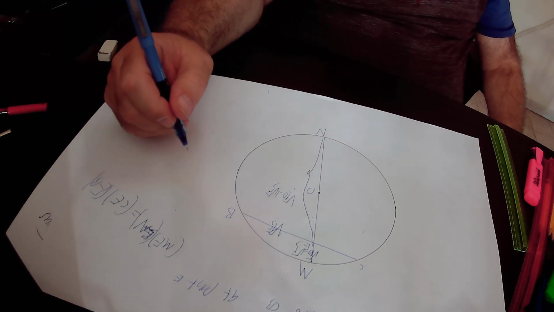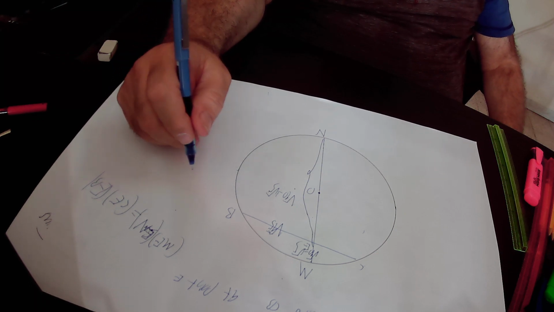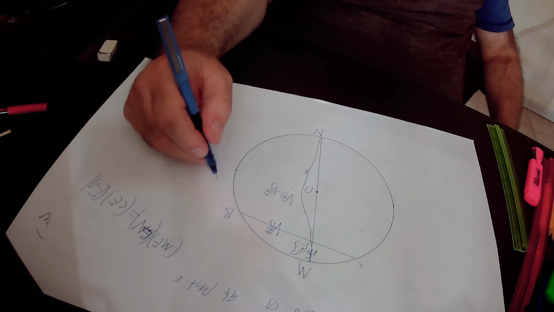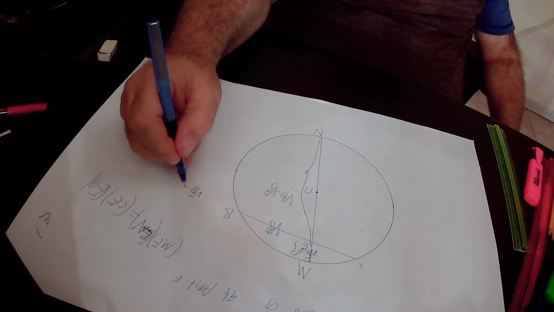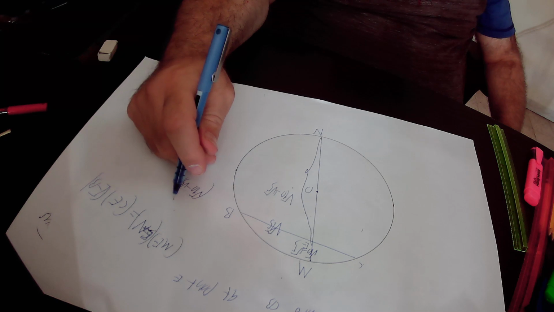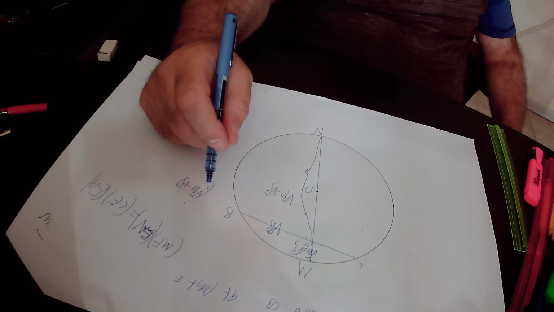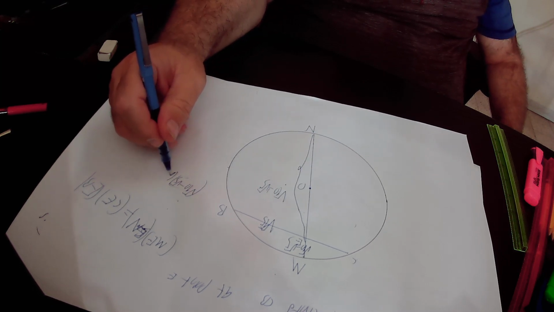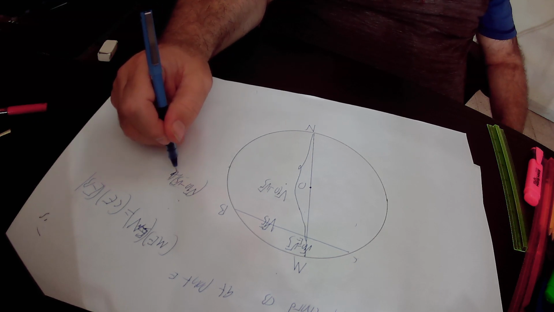So here, ME equals the square root of 10 minus the square root of 5, so we substitute ME by the square root of 10 minus the square root of 5. And EN equals the square root of 10 plus the square root of 5.